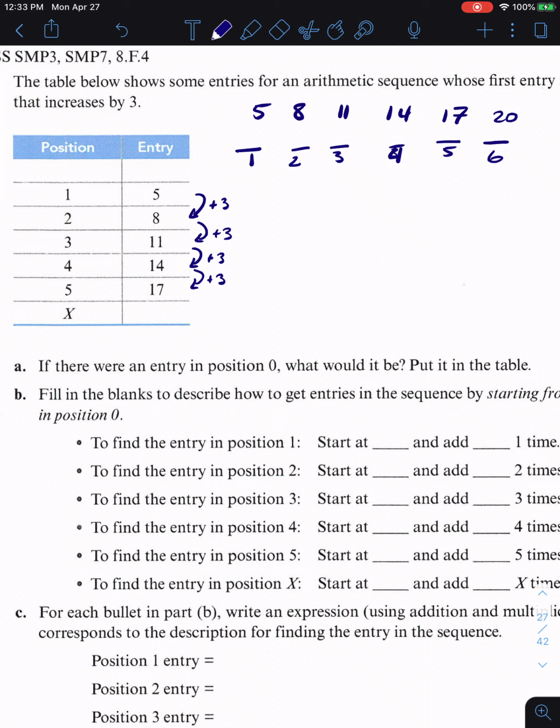From each step. So the question says, well, if there were a position 0, what would that position be? Well, what plus 3 is 5? 2 plus 3 is 5. So position 0 would be 2.